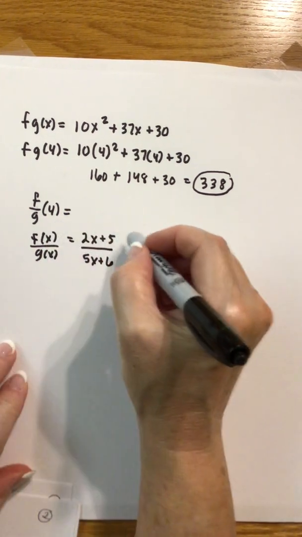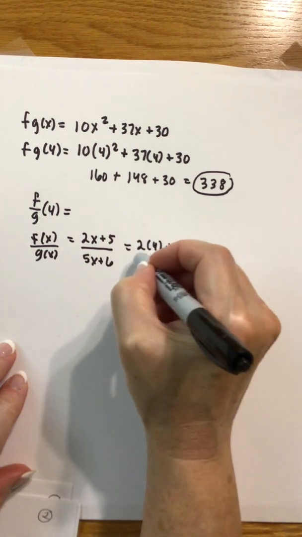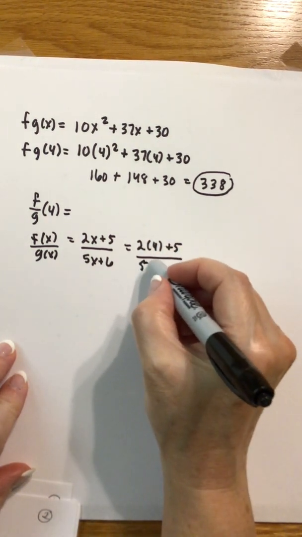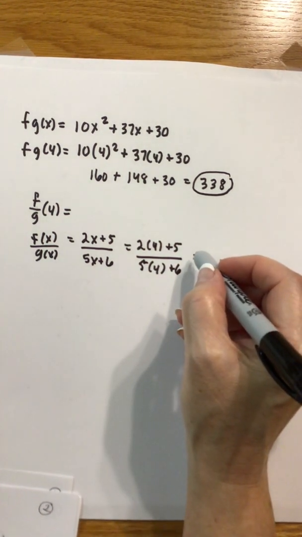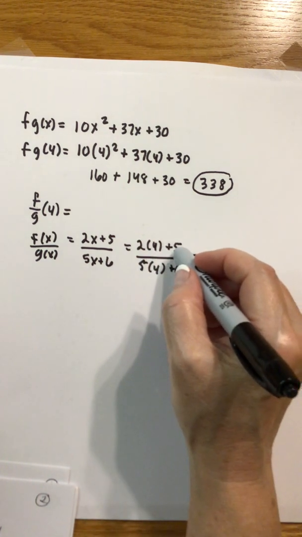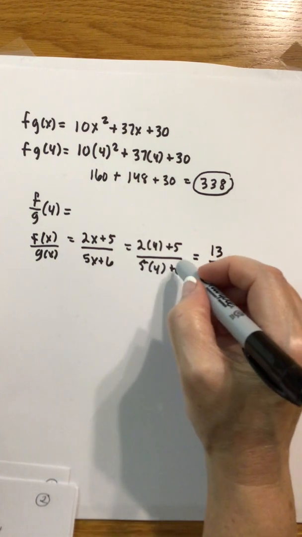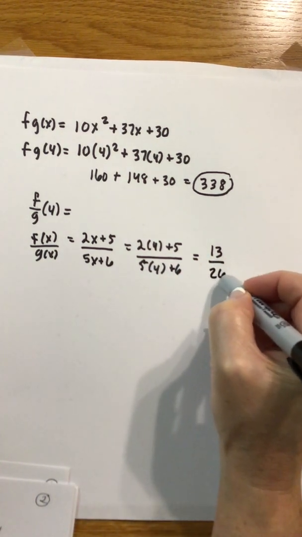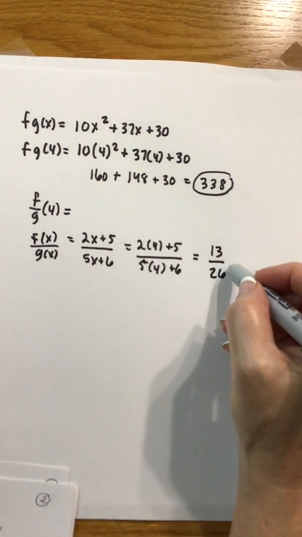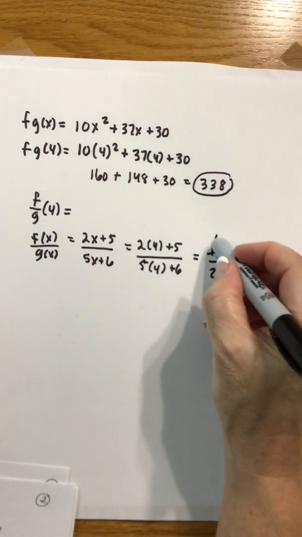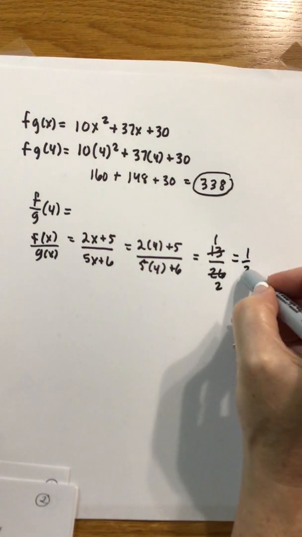So we're inputting 4, so I get 2 times 4 plus 5 over 5 times 4 plus 6. So what does that give me? 2 times 4 is 8, plus 5 gives me 13. 5 times 4 is 20, plus 6 is 26. Now, can we leave it like that? No, because 13 divides evenly into 26, so dividing 13 into there once, 13 into here twice. So I get my final answer to be 1/2.